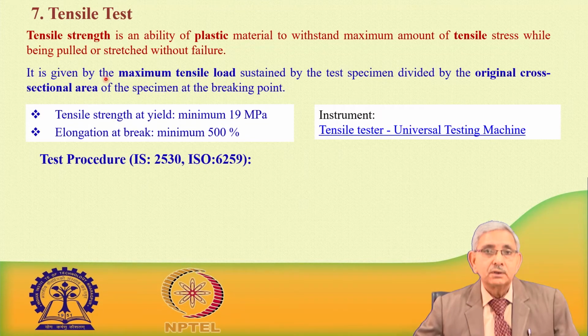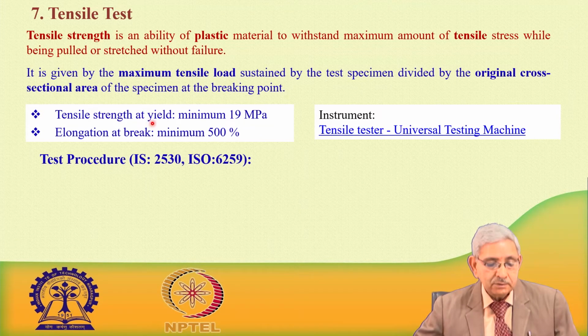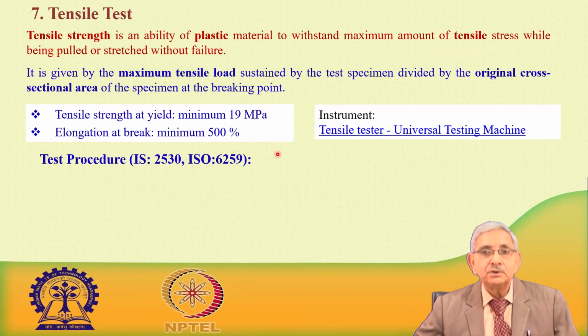It is given by the maximum tensile load sustained by the test specimen divided by the original cross sectional area of the specimen at breaking point. Tensile strength at yield should be minimum 19 megapascal, and elongation at break should be minimum 500%.